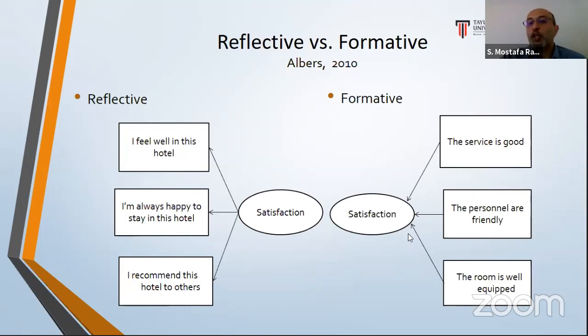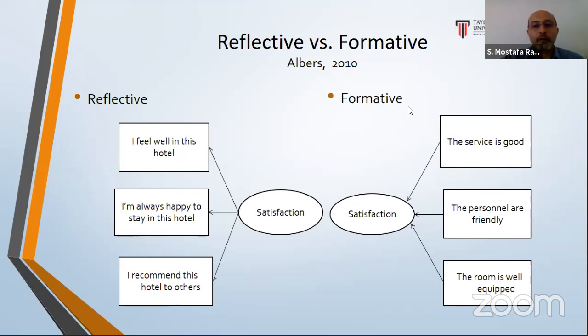When we include formative items, they measure different aspects of the latent variable, and all together measure satisfaction. For reflective, each item can reflect the meaning of satisfaction, but that is not correct for a formative concept.